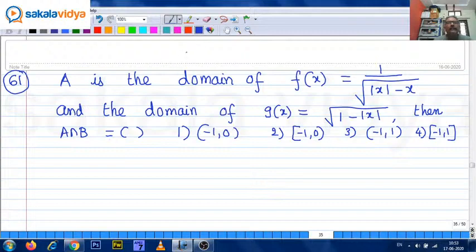Here I have forgotten, I need to write like this. A and B, I need to specify. Am I correct now?